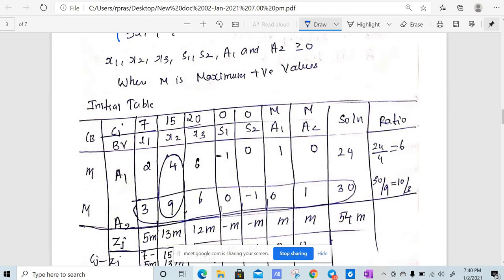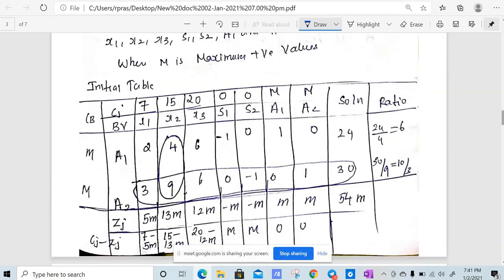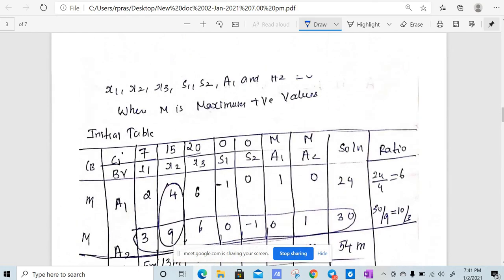And here, very important: if the problem is a minimum problem, you should write only the artificial variable. Suppose it is a maximization problem, you should write the slack variable as well as the artificial variable. In the simplex method, we write only the slack variable. But in the big M method, if the problem is minimization, it is enough to write only the artificial variable.